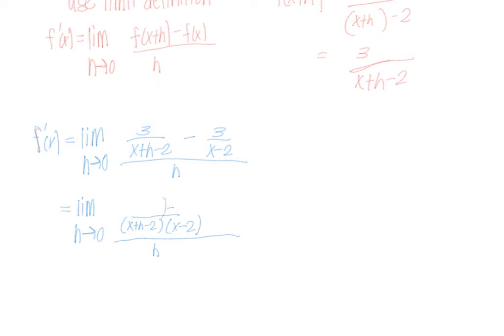Where we had just a 3 in the numerator of the numerator before, it will need to be multiplied by x minus 2. Because now that side is technically being multiplied by x minus 2 over x minus 2, which is 1. And the 3 on the right side needs to be multiplied by x plus h minus 2, because now that right side is being multiplied by x plus h minus 2 over x plus h minus 2, which is 1.